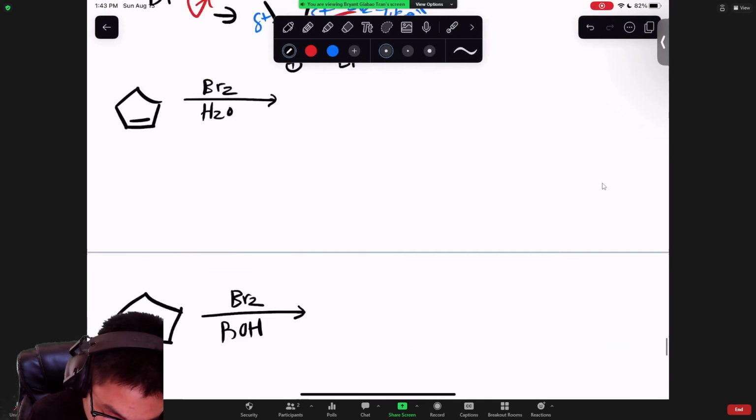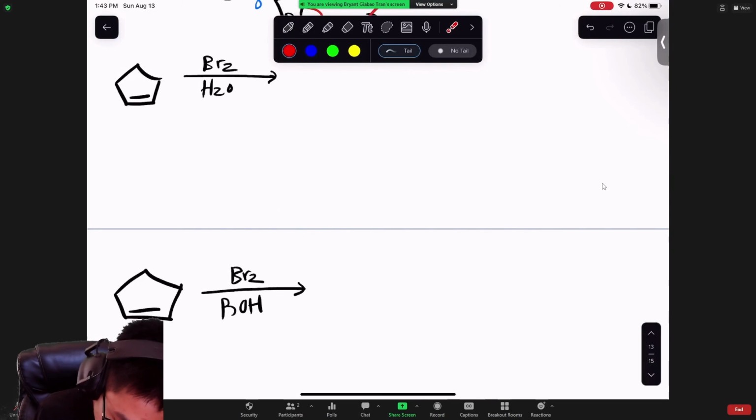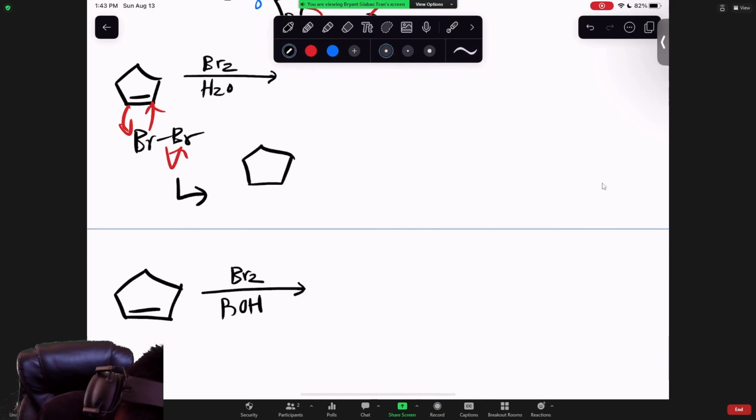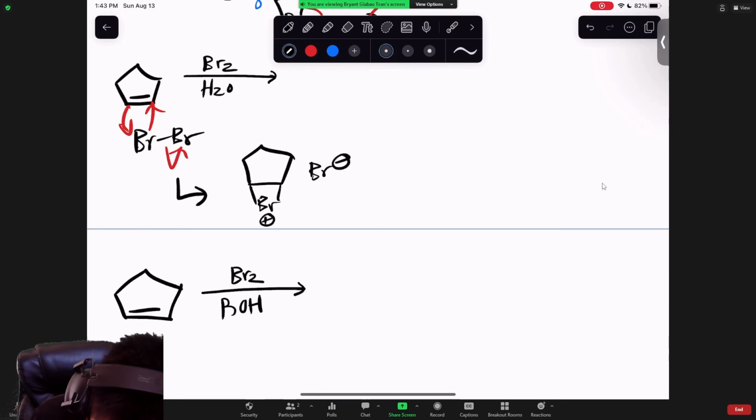solvents, but let's say we have nucleophilic solvents like water and alcohol. So we do the exact same thing. But this time, we have a competition between Br minus and water.